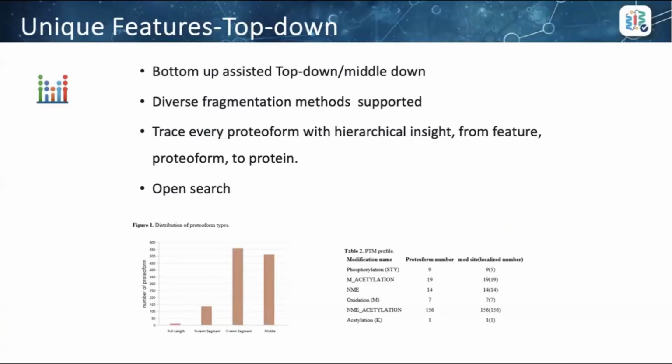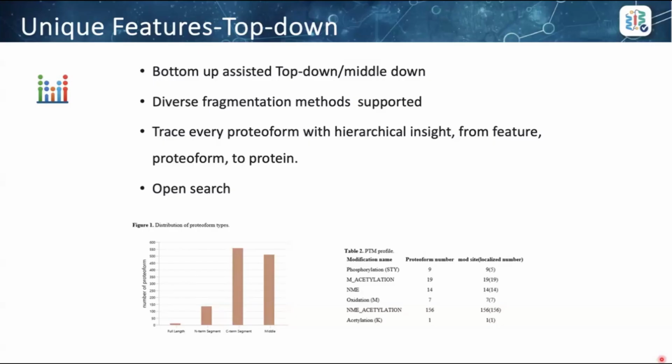And ProteoformX uses a bottom-up assisted top-down or middle-down approach. Here are some highlights: we support diverse fragmentation methods, and we give you hierarchical tracing from the feature or feature group to the proteoform and to proteins.